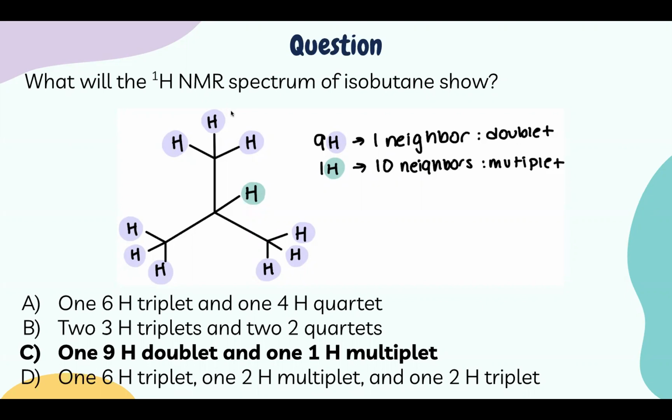The other peak will split into a multiplet. So the green hydrogen has 9 non-equivalent neighbors, which are all the hydrogens in purple. So the way you define a multiplet, I need you to correct me if I'm wrong, is it after 4? Or no, I think it's after 5 or 6. I know it goes into quintet.